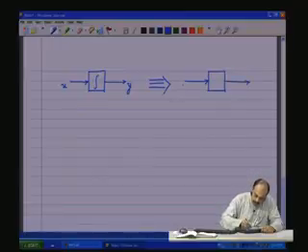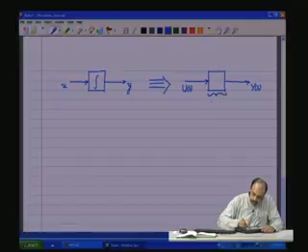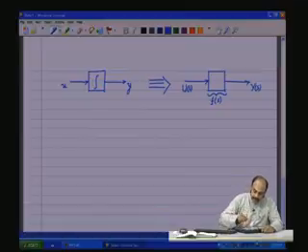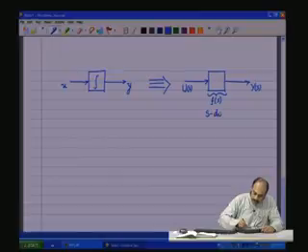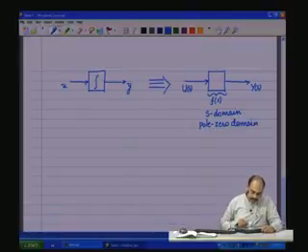The input u should now be a function of S, the output y should become a function of S, and this also should become a function of S. Then we say that this is in the S domain or the Laplace domain or the pole-zero domain.